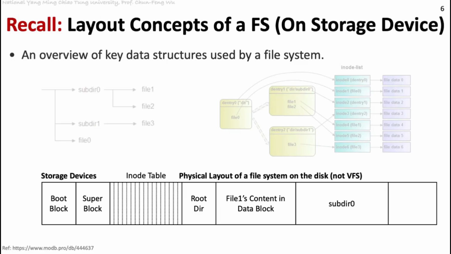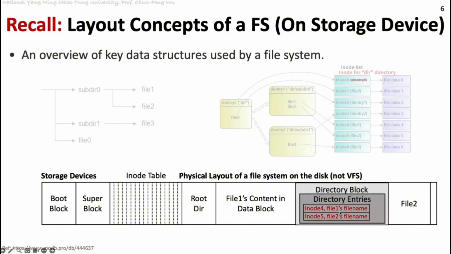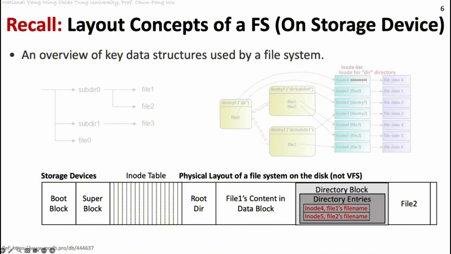Okay, so I think the file part is quite intuitive, because a file is just data, so you put the file there, and there are not too many things to talk about. But the directory is special, and goes like this. Each directory is a directory block. A directory block is just like a data block, but the difference is that in this kind of data block they put the directory entries inside.